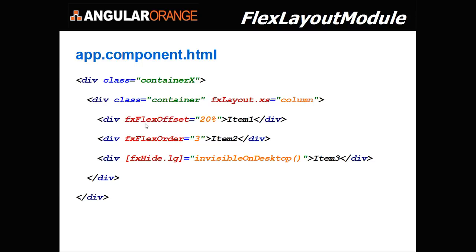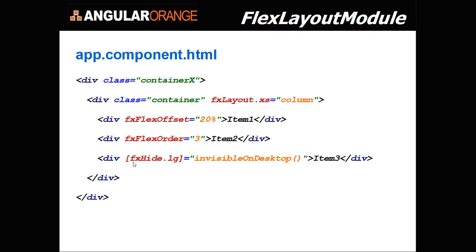And then over here, I could put an offset of an item as 20%, and the size of all these items might shrink uniformly, which is just an example to show you something. And then I define a flex order here, which takes item 2 and puts it as the third item. If you want to do that, I'm just giving you some examples of the particular directives.